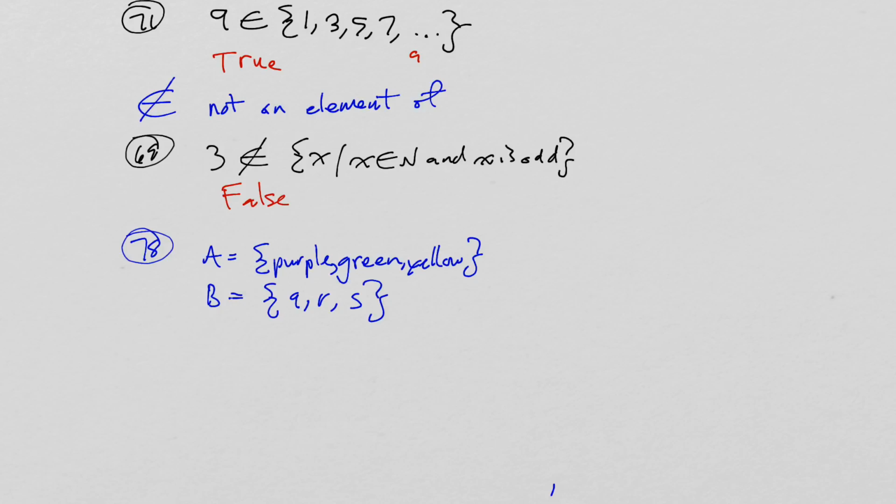Well, they're definitely not equal. They don't have the same elements, but they definitely both have 3 elements. So in other words, the number of elements in A is just 1, 2, 3. And the number of elements in B is also 1, 2, 3. So therefore, these are equivalent. They're not equal, but they're equivalent.